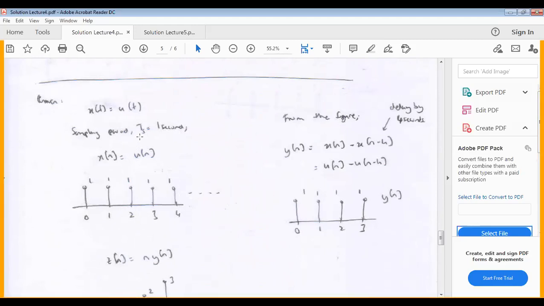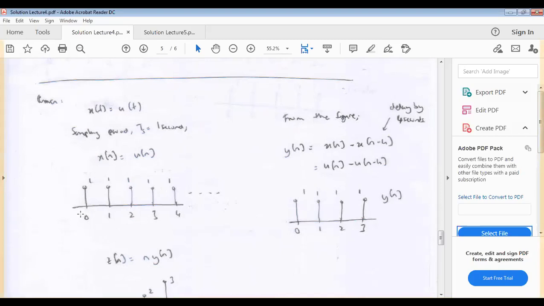Let's say the sampling period is 2 seconds instead of 1 second. Then the sampling will happen at 0, 2, 4, 6, and so on. So you understand the meaning of a sampling period here.